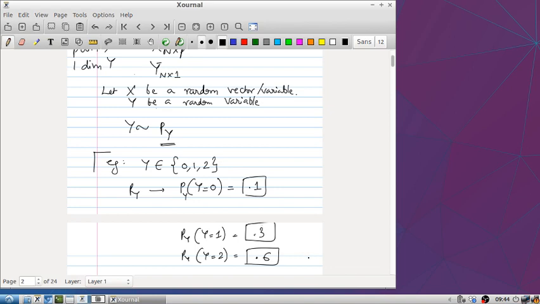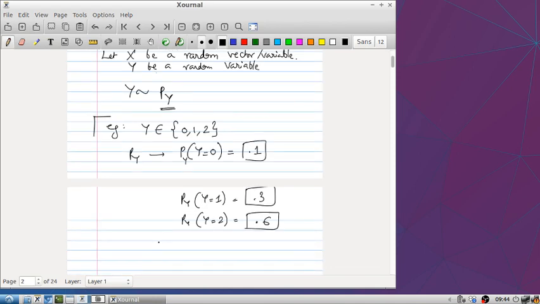And if it is not discrete, let's say y is distributed as N(0, 1). This is just to say that y is Gaussian, or normally distributed.